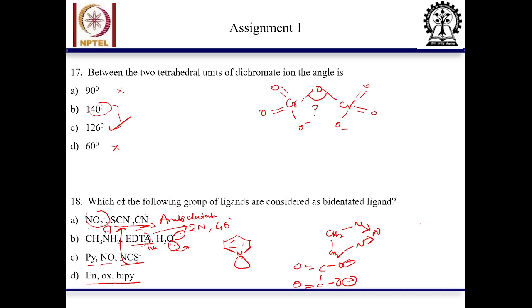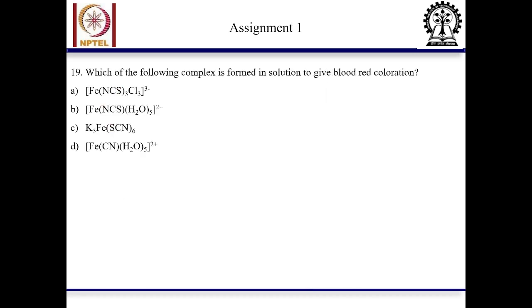Bipyridine is like this. So the lone pairs from the 2 nitrogens can be donated. So option D is correct because it has bidentate property.